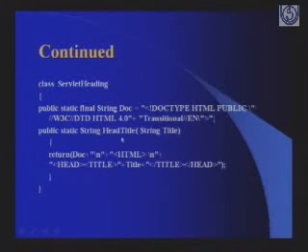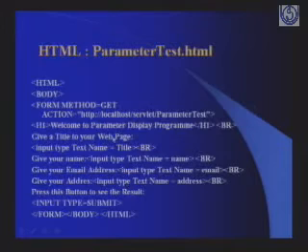It is just similar to the previous one. If you come to the HTML page which I have created for parameter test, you see the form method I have kept similar to the previous one, and the action is also similar to the previous one. What I am changing now is my URL, because I am now trying another web application, that is my parameter test servlet.